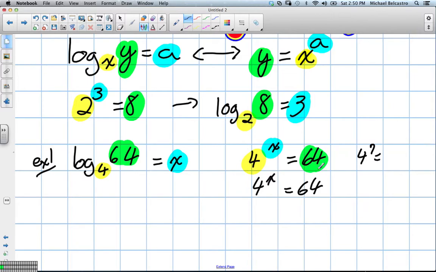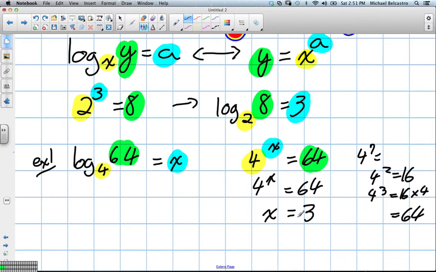So let's start off really simple. What is 4 to the power of 2? It's 16. That's right. So 4 to the power of 3 would be 16 times 4, which happens to be 64. So what is the x value here? X is equal to 3. Exactly. So we've used that there.